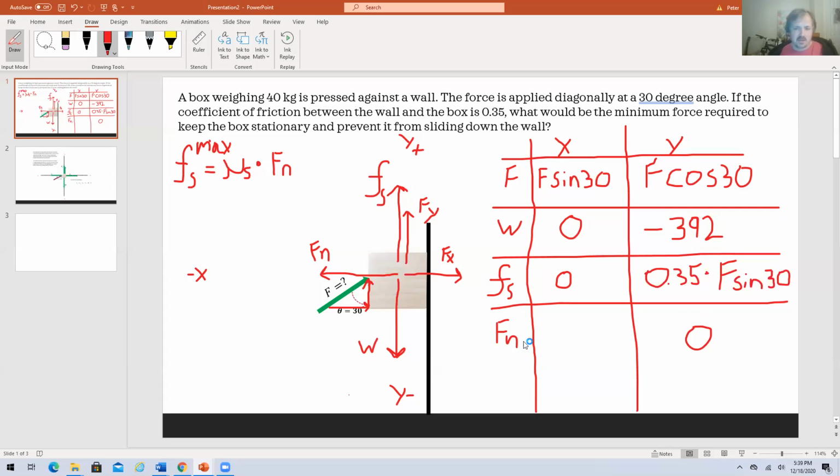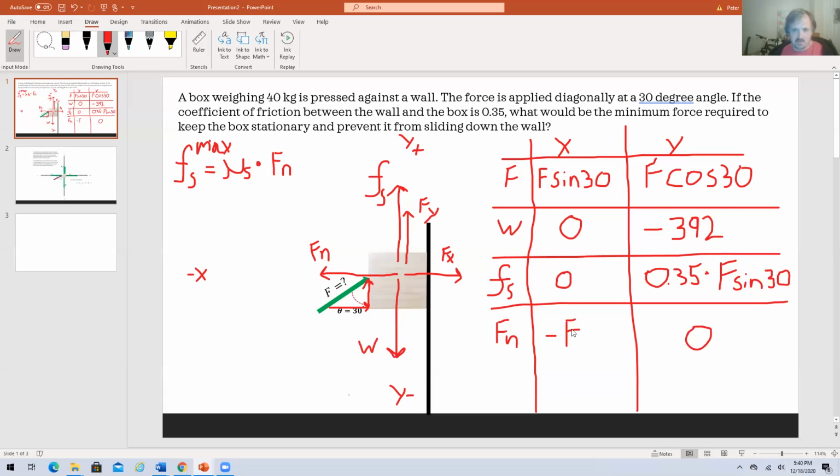And in the x-axis, it's basically just going to be the negative of the x component of F. It's just going to be F sine 30, but negative. So negative F sine 30.